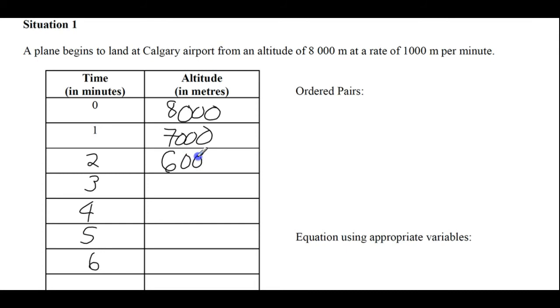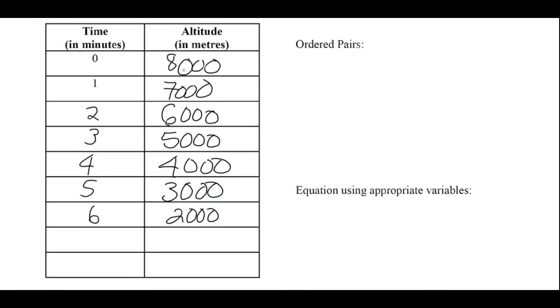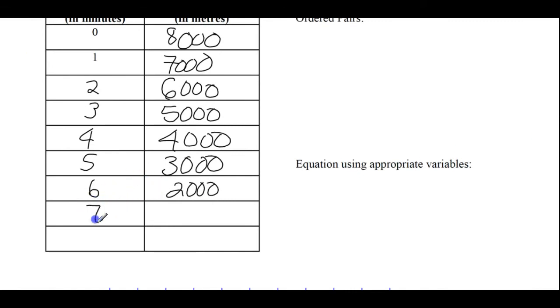And then we'll drop to 6,000, 5,000, 4,000, 3,000, 2,000, 1,000 and 0.